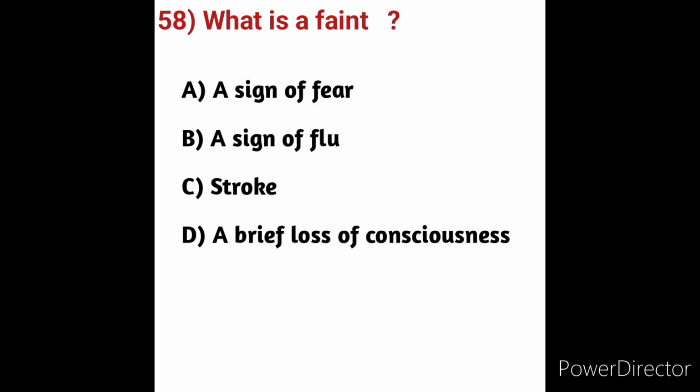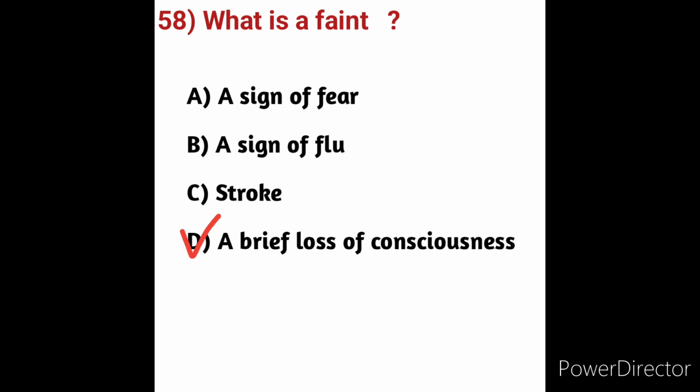What is the cause of fainting? Fainting is caused by a sudden drop in blood pressure, for example cardiac syncope. The first aid treatment for fainting: lay the person flat on their back.